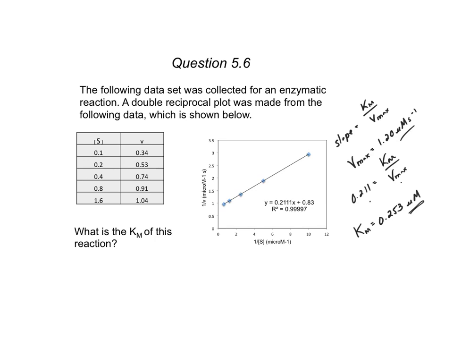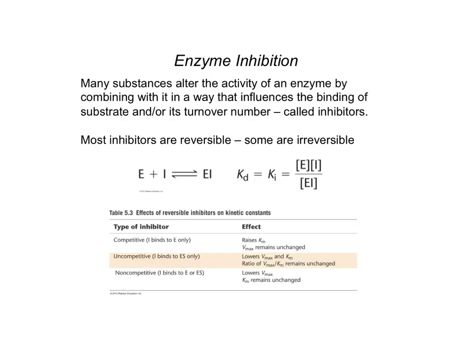The next thing we're going to go into is inhibition, so enzyme inhibition. All right, so inhibitors essentially affect the overall enzyme by decreasing its activity. There are a lot of different types of inhibitors, and the reason why we're interested in enzyme inhibition is, first off, they give very good information with respect to the overall mechanism of our various enzymes.